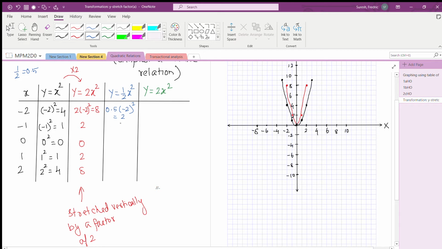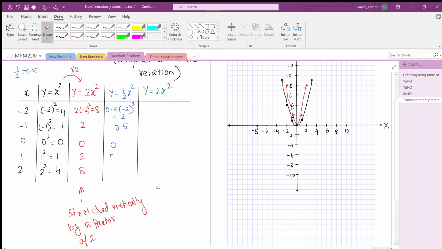Or I can take these base values, the y values, and make each of them half. So for example, half of 1 is a half, half of 0 is 0, half of, sorry, I made a mistake here.